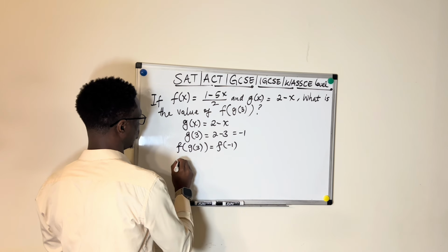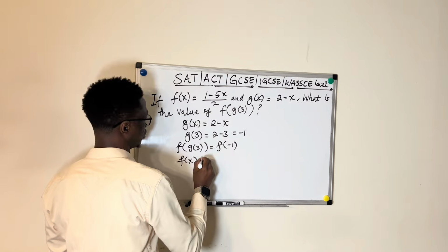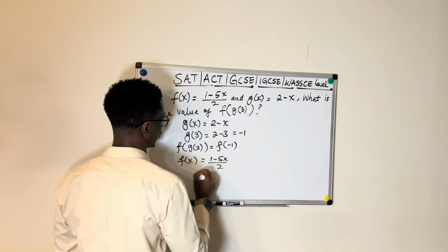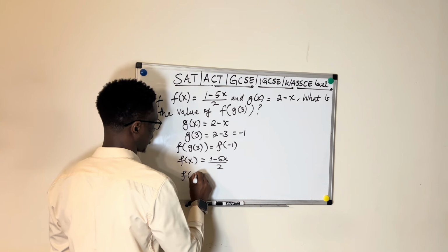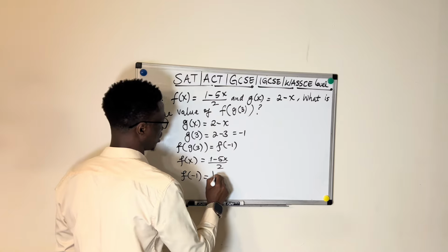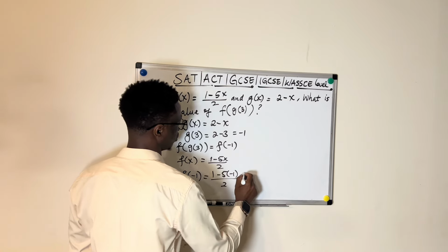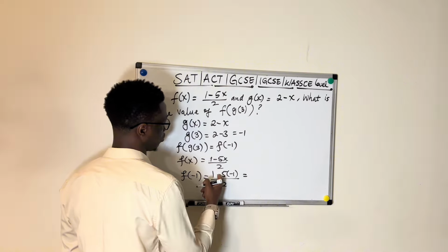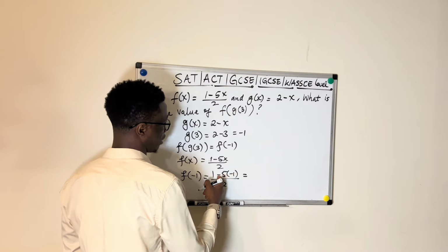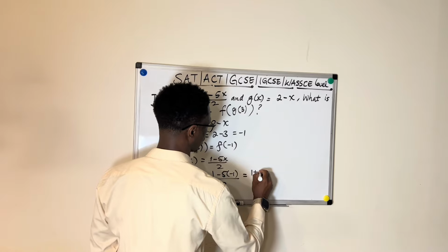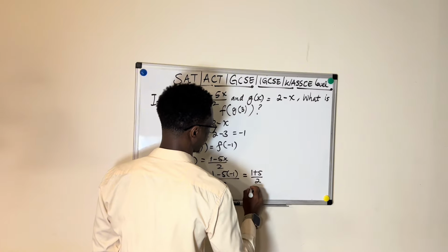But we know that the f of x function is 1 minus 5x, divided by 2. So my f of minus 1 now becomes 1 minus 5 into minus 1, divided by 2. And this gives you 1 plus 5, since minus times minus is plus and 5 times 1 is 5, divided by 2.